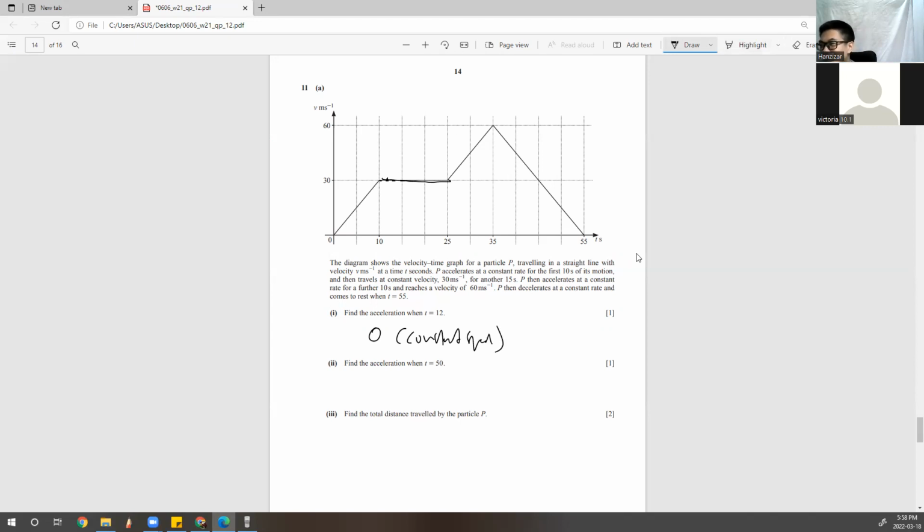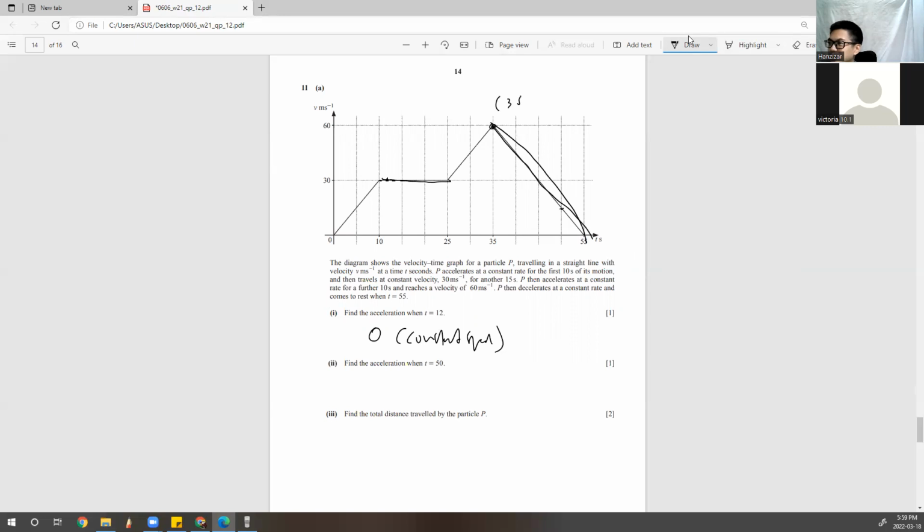Find acceleration when t equals 50. When t equals 50 is around here. So you are finding the gradient, right? The gradient is v2, or this one. You can just write anywhere, but we know that it is decreasing. So y2 minus y1, right? Let's use the formula.